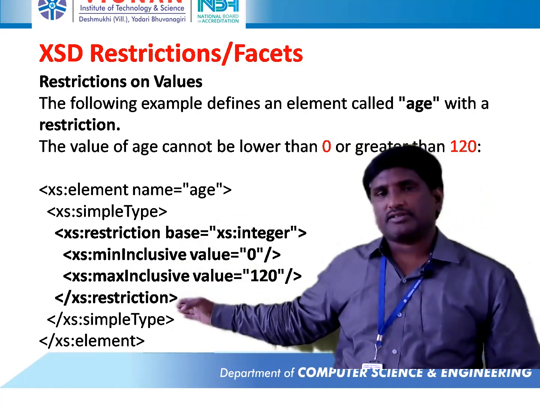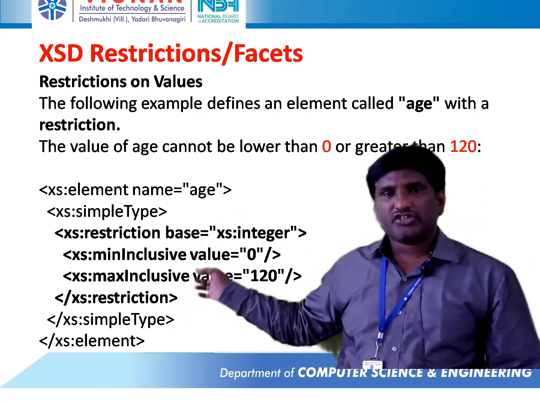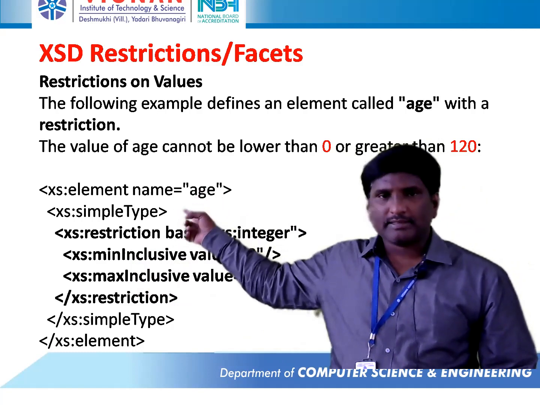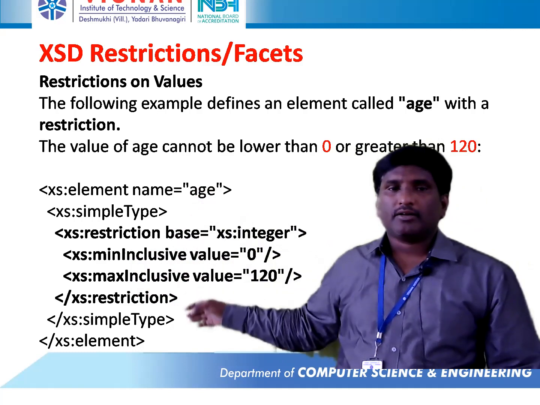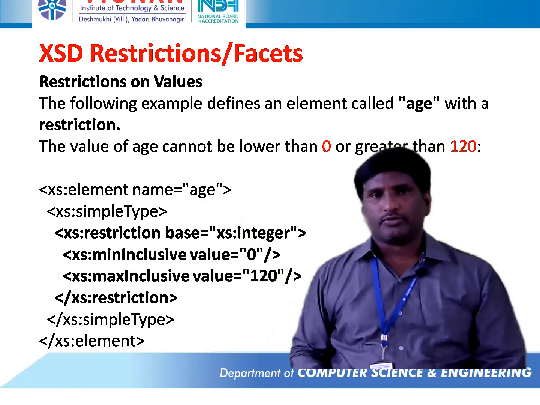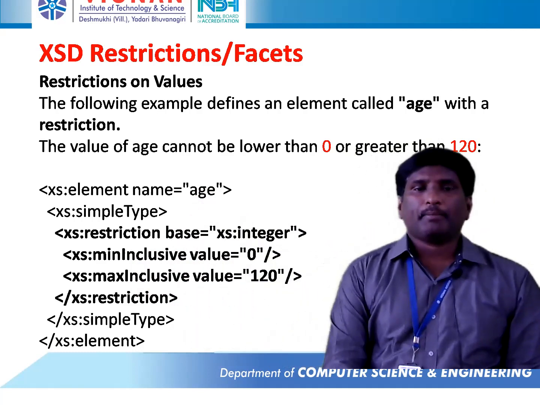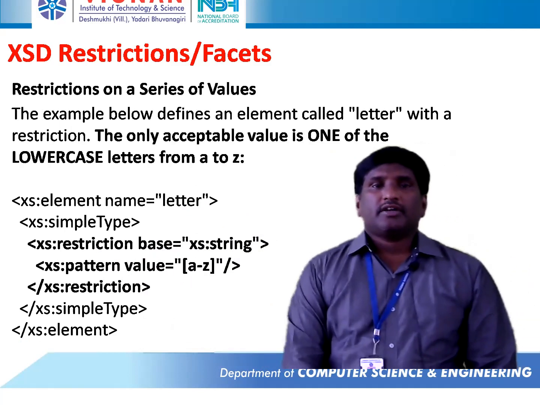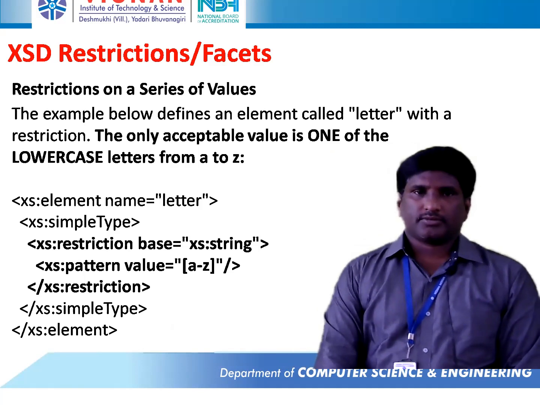Then close the restriction. We are applying the restriction on the age element after the type, either simple or complex. Close this and then close the element. In this way we can apply a restriction on the element.